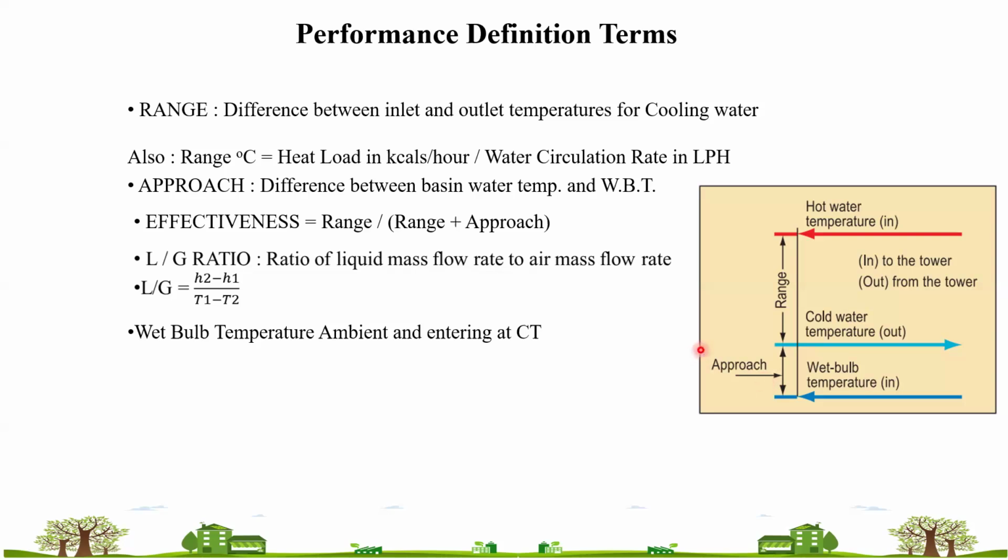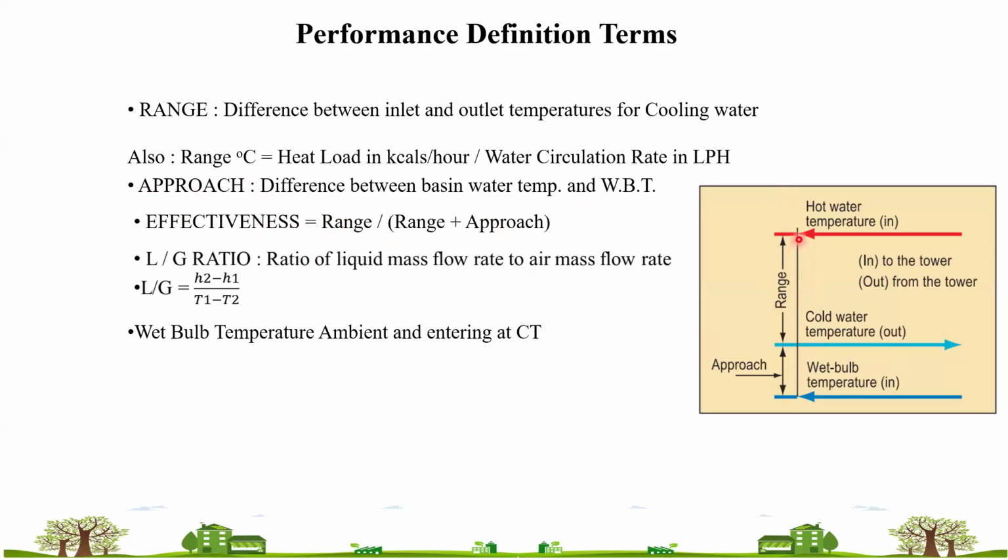Then the cooling tower has no efficiency parameter because there is no mechanical work done in the cooling tower. So the cooling tower is defined in terms of effectiveness, like a heat exchanger. Effectiveness is the ratio of range upon range plus approach.